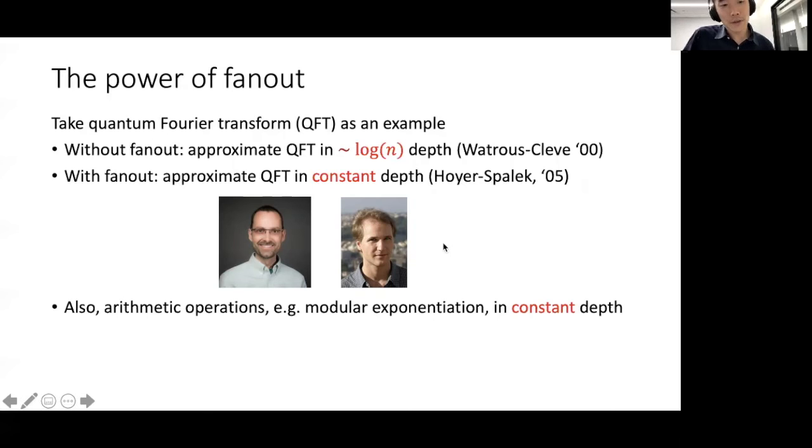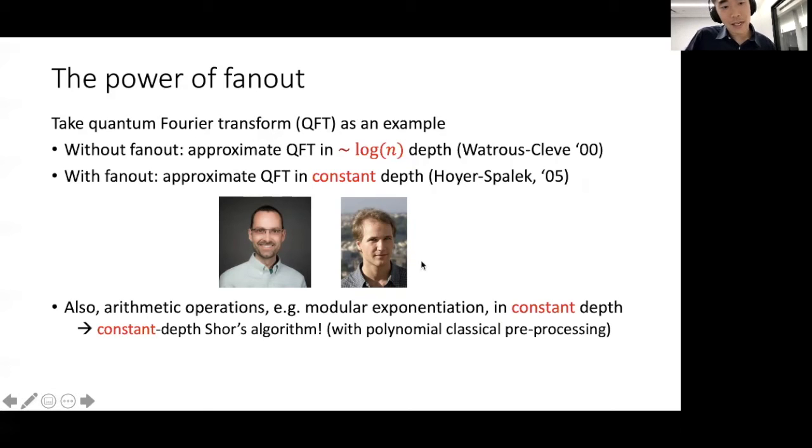Putting this together with a constant depth QFT allows you to implement Shor's famous factoring algorithm in constant depth as well, assuming some polynomial classical preprocessing. This is incredibly powerful, and I think demonstrates the incredible power of the fanout gate.